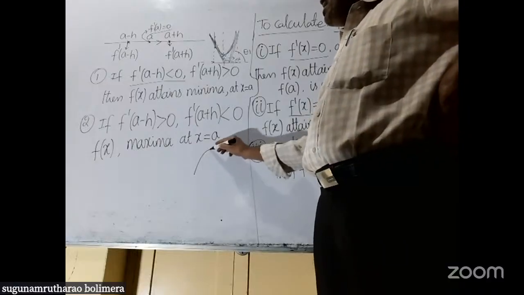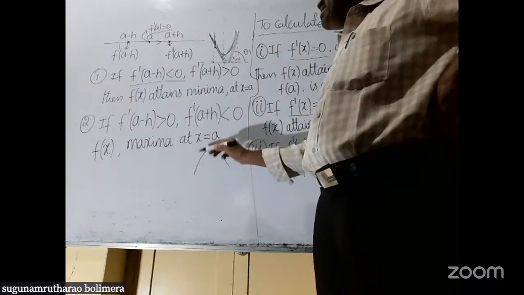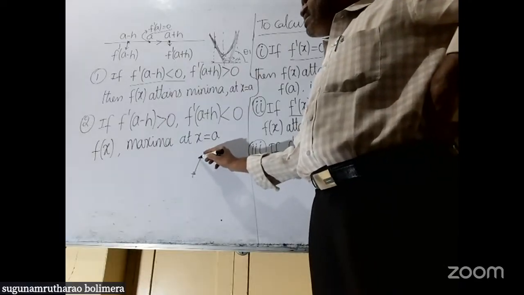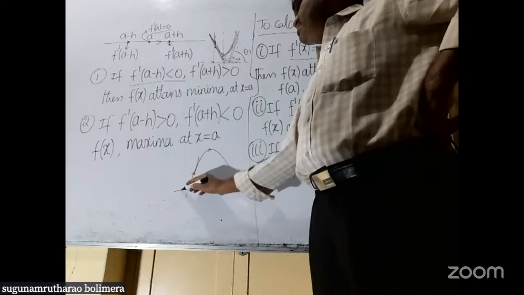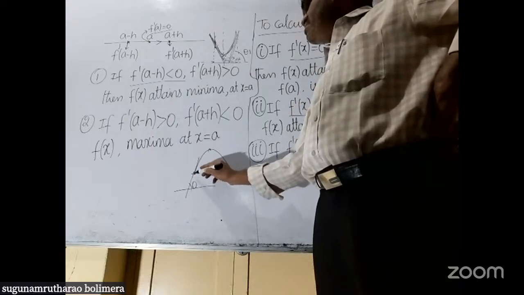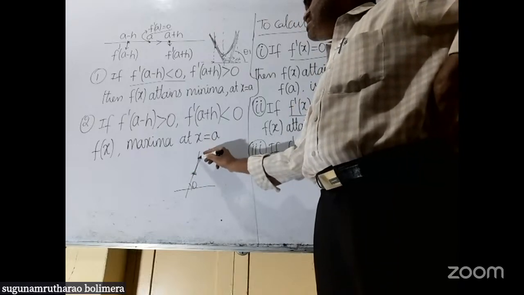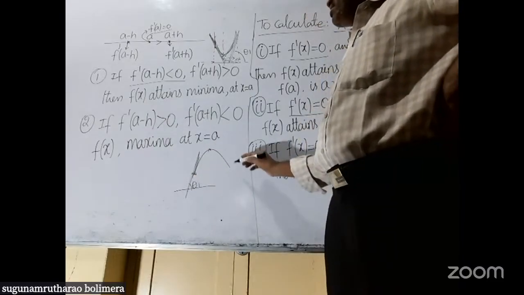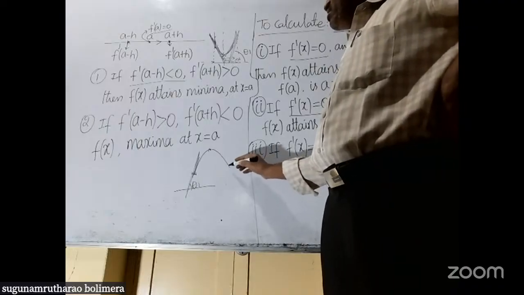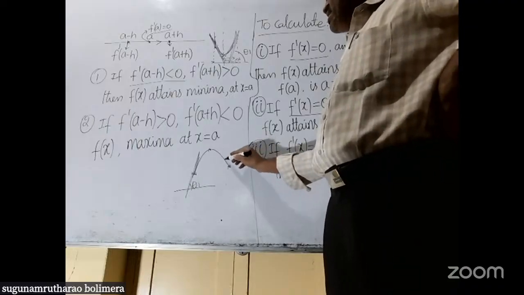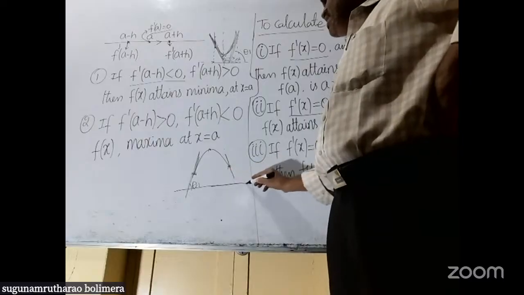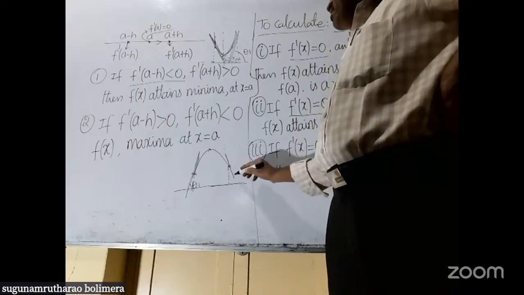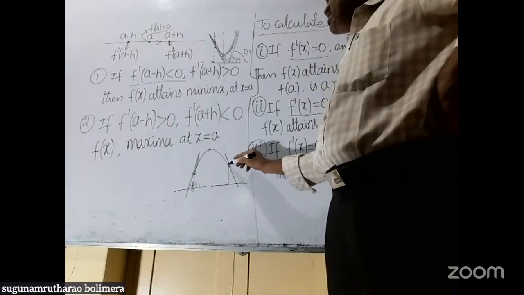In the same manner, if the curve is like this, this is the tangent. Now this is theta 1. And if you draw the tangent at this point, it will be like this.